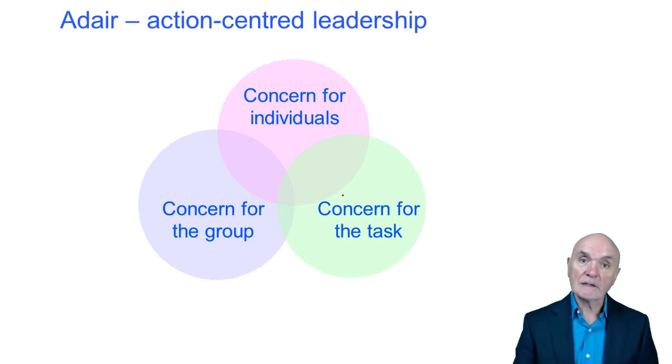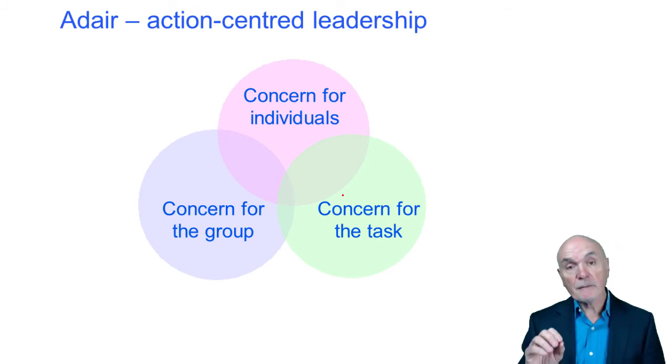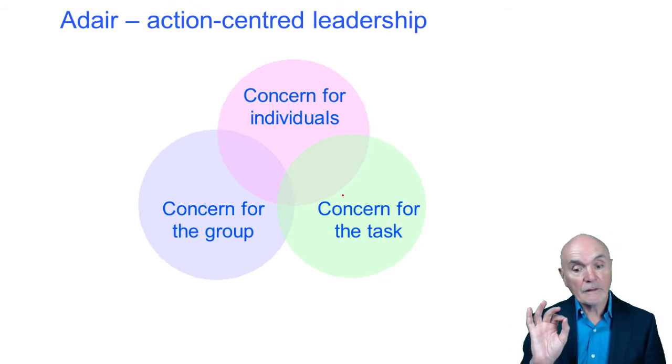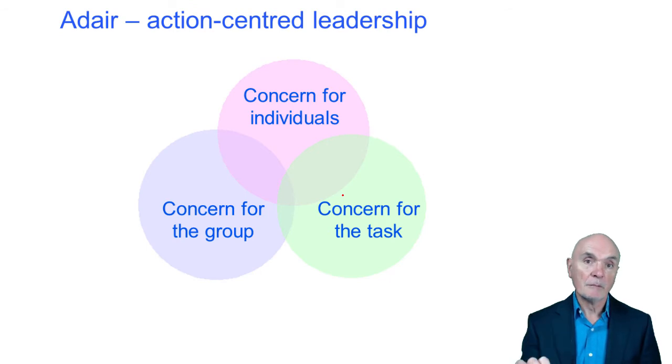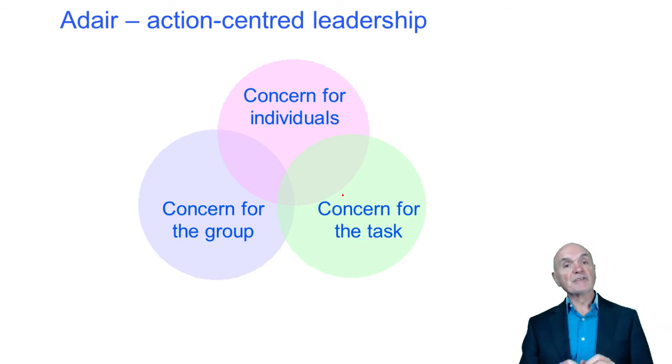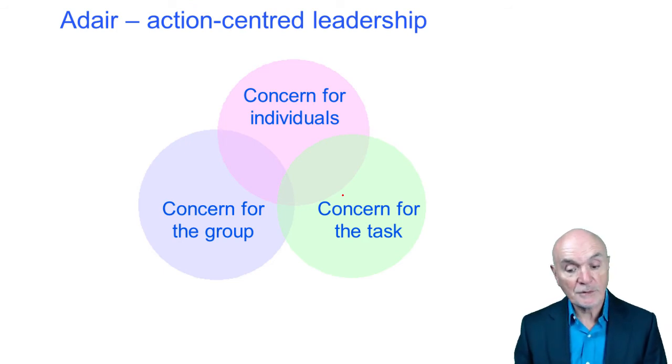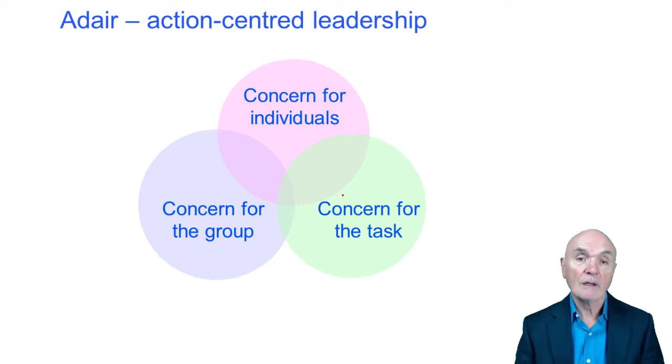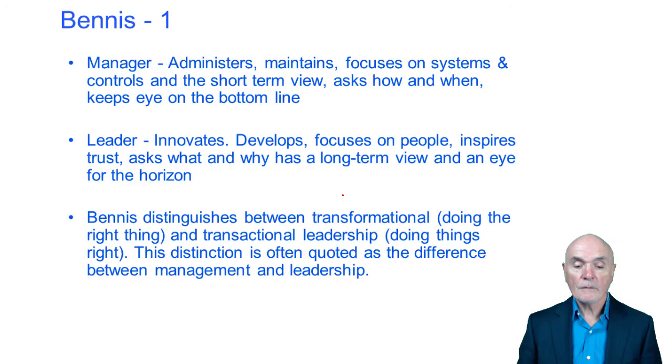Sometimes it's the group that needs to be motivated and turned on. Sometimes there might be a single individual who's having a problem and you have to give attention and help perhaps to that person. Sometimes the whole project might be falling behind, and what you need to do is have a look at the task and how can we catch up, how can we improve what we're actually doing.